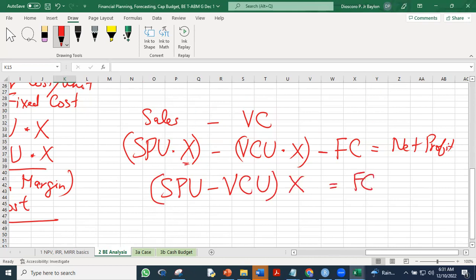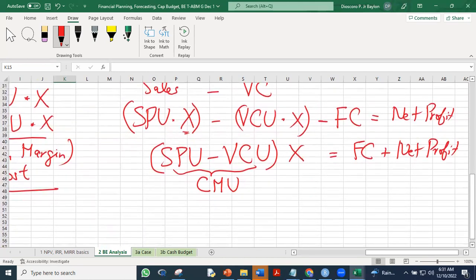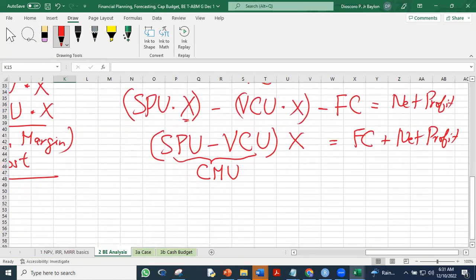We transpose fixed costs on the other side, it becomes positive, and then plus your net profit. Okay, therefore, there's a name for this. Okay, this is your contribution margin per unit. Okay, the difference between selling price per unit minus variable cost per unit is your contribution margin per unit.